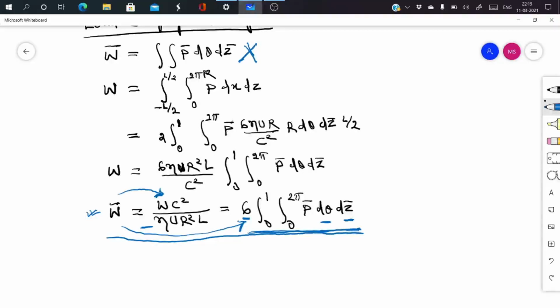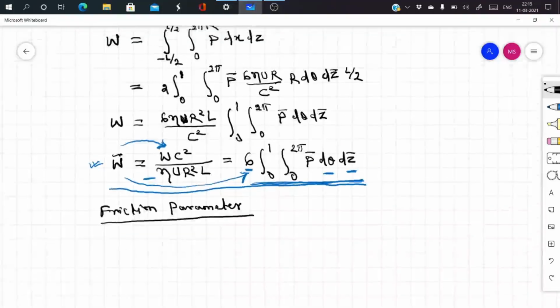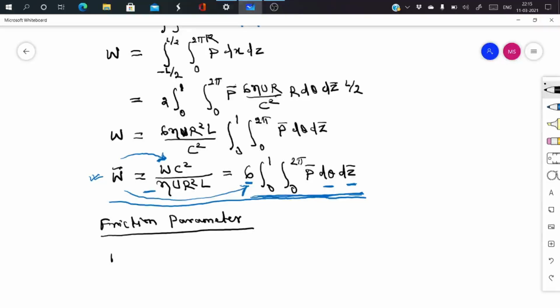Similarly, if you calculate the friction force, friction parameter, first we will start with your friction force F equal to, again this should be dimensional, the integral from minus L by 2 to L by 2, 0 to 2 pi r, tau x dx dz.